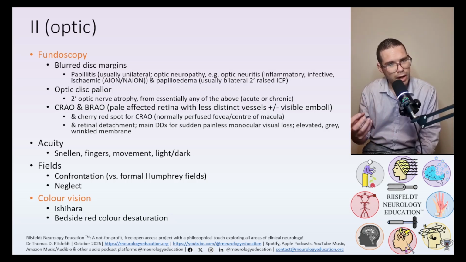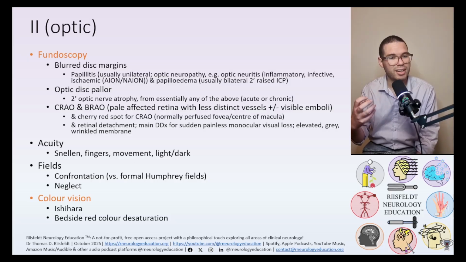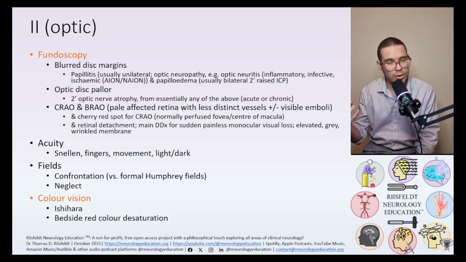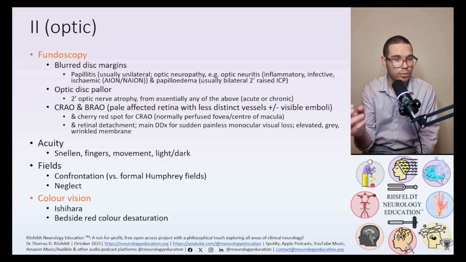And they are further divided into arteritic and non-arteritic ischemic optic neuropathy. So, arteritic ischemic optic neuropathy would be classically in the context of, say, giant cell arteritis or some other systemic or localized inflammatory condition, a vasculitis affecting the blood vessels, but that is then in turn causing ischemia to the optic nerve itself.